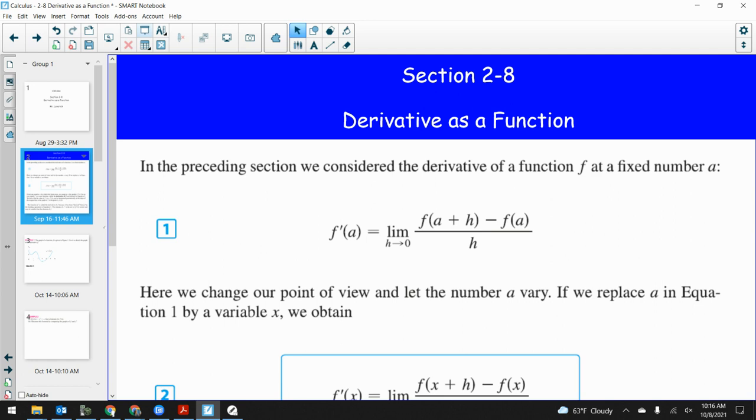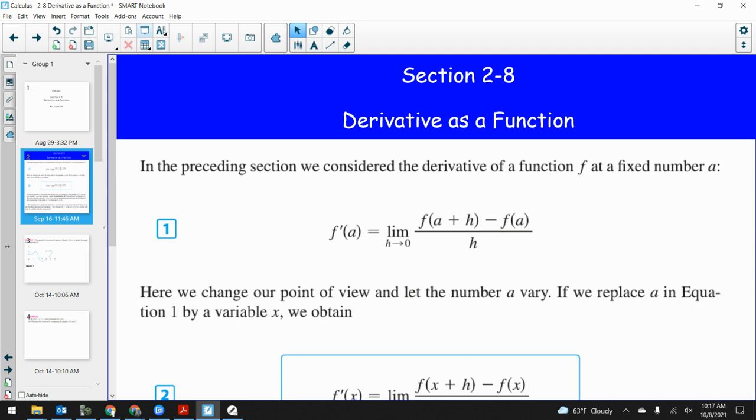What if we said a is no longer just some singular number on the graph? What if a was any point on the graph? What if we could come up with an equation that if we plugged in the x value, it would give me out the slope at that point? That's what we're looking at today.